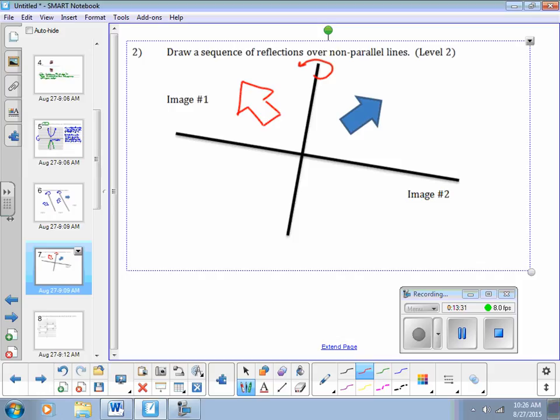Then you were supposed to reflect that image on this line over here. So no matter what, if you reflected it over here first, that's okay. Then you still had to reflect it on this line. Either way, everybody should have ended up in here no matter what. Yeah. I'm off a little bit right there. Okay.